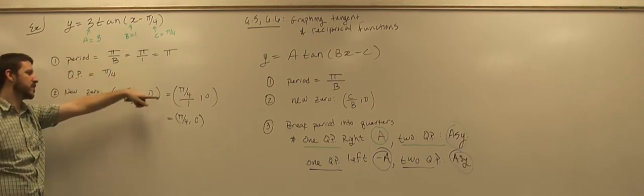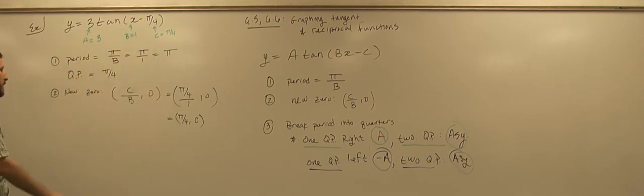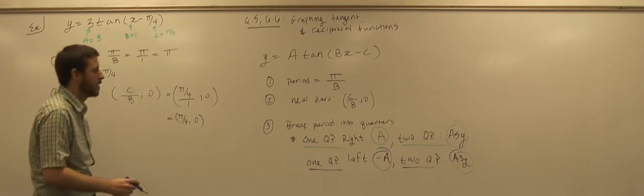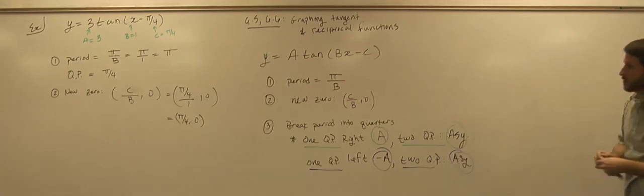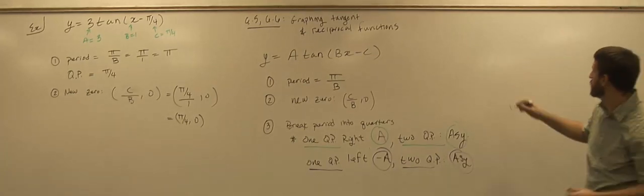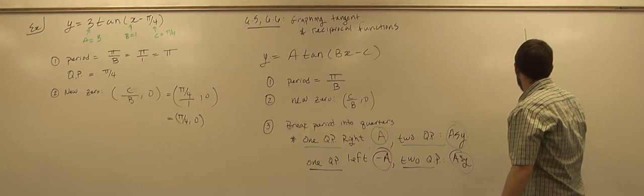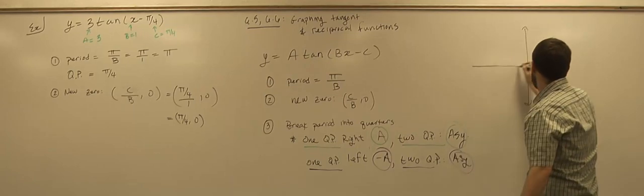Because b is 1, c over b is just pi over 4. And now I have enough info to graph this. Ready? Hold on to your seats. It's going to be a wild ride.